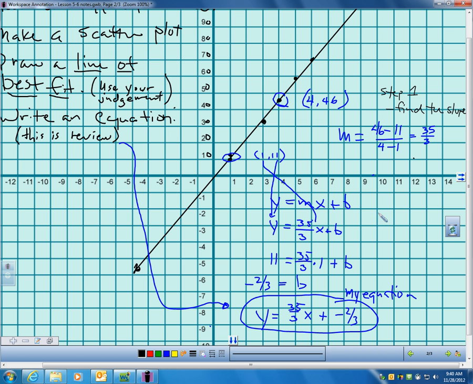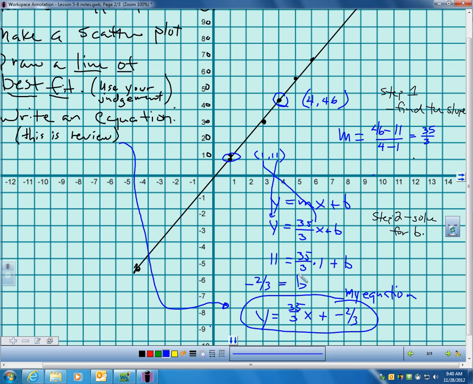Okay, step 2. I got to solve for b. Now remember, to solve for b, I can take either point and I can plug it in for x and y. I plugged in the one I thought was easiest. 1 for x, 11 for y. And I got to take away 35/3 from each side.